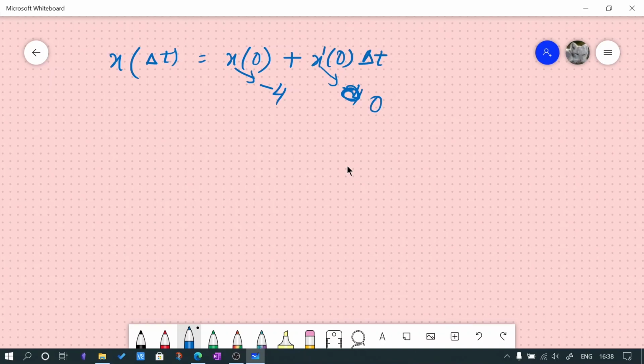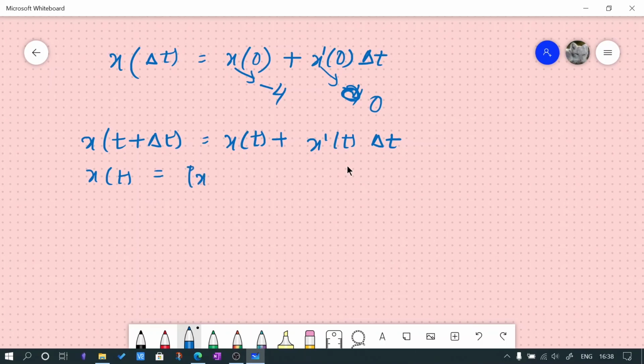But the problem begins when it is x at t plus delta t. So x at t plus delta t expects you to know the value of x at a time t, x dash at a time t, and then multiply it by delta t. So what is x at a time t? x at a time t might be x of t minus delta t plus.